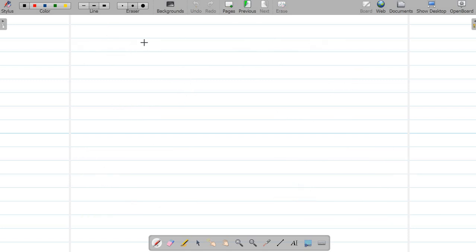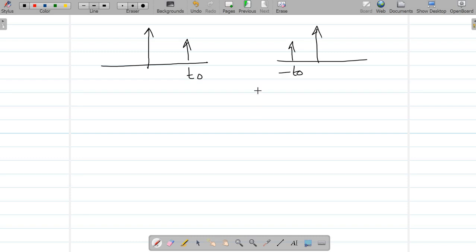But on the contrary, suppose I was having a delta function at an instant t naught. Then when I reflect it on the y-axis, what I will be getting is something like this, at negative t naught.